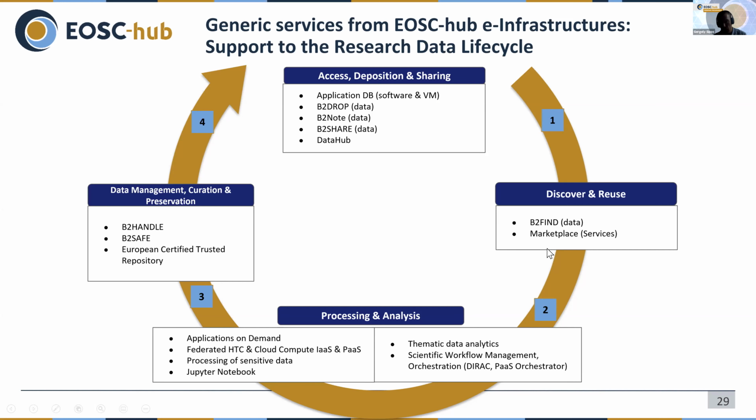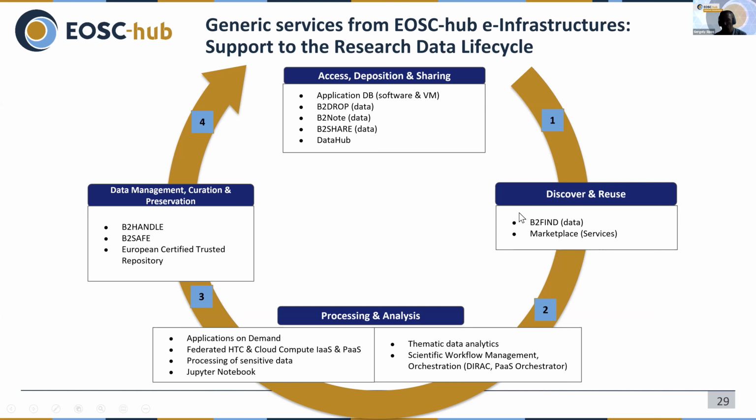And let me show them through this so-called virtual research cycle, which shows the typical cycle of a researcher working in an online or digital environment, where first he or she would like to discover and reuse existing data or existing compute or analysis services.